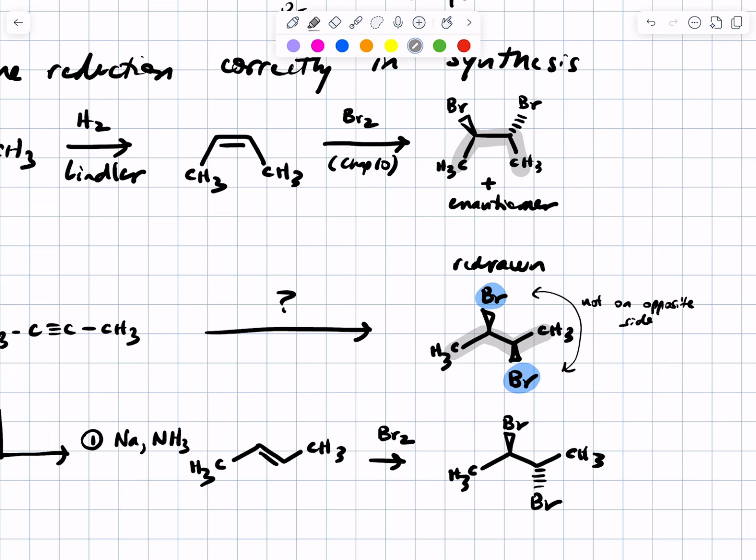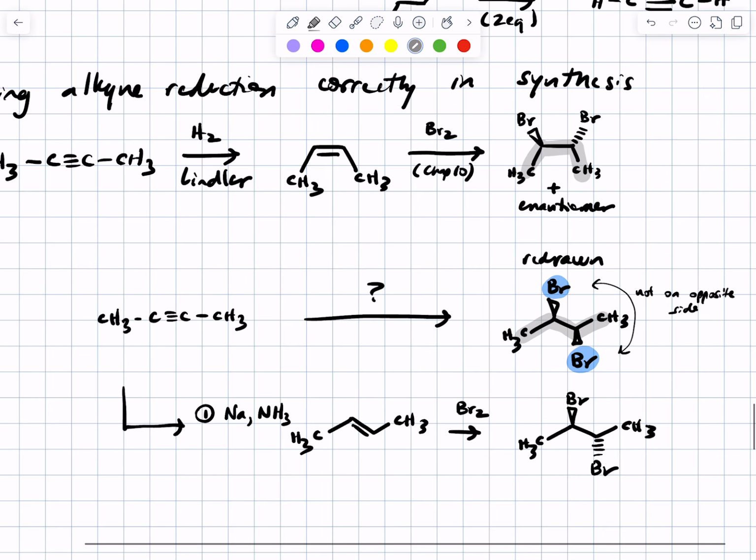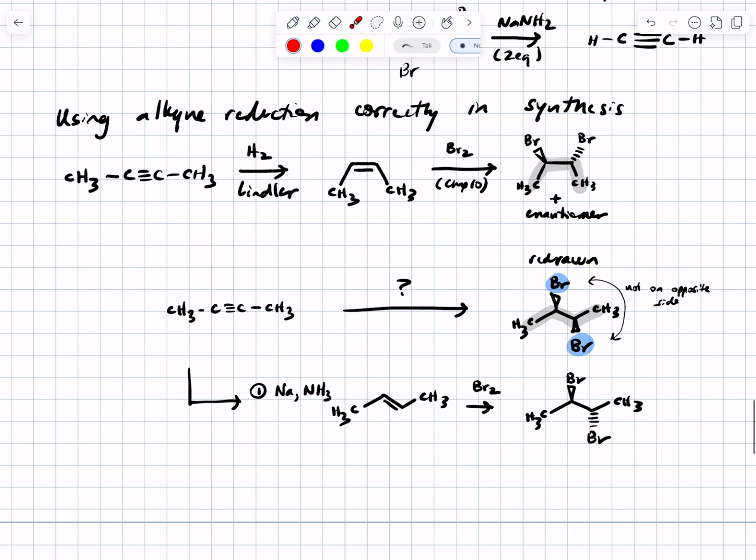So to double check our work to make sure we're not getting tricked, is it helpful to go through the mechanisms and the intermediates? One of the questions is to double check your work. Is it helpful to go through the mechanisms or draw the intermediates? You won't know the mechanism of the hydrogenation step. You do know the mechanism of the bromination step.